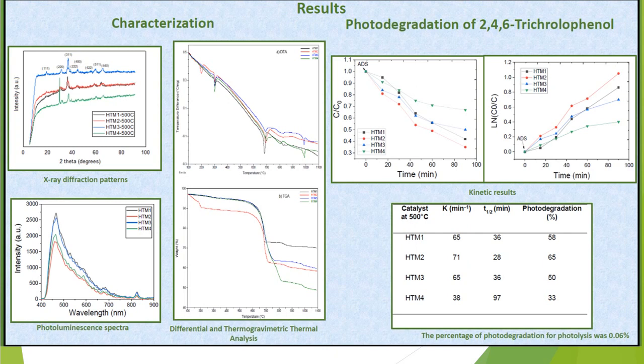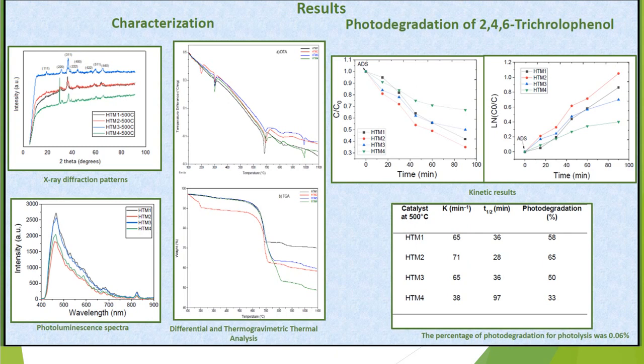Additionally, the hydrotalcites HTM3 and HTM4 show an additional reaction at 998 Celsius degrees associated with the crystallization of the cobalt spinel.